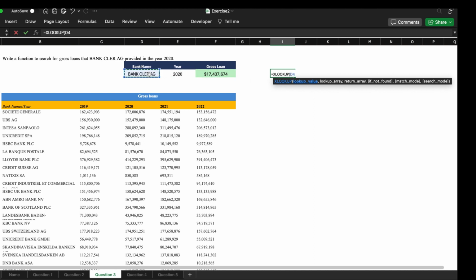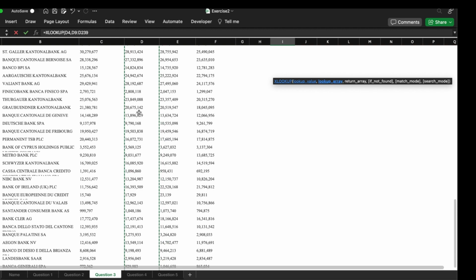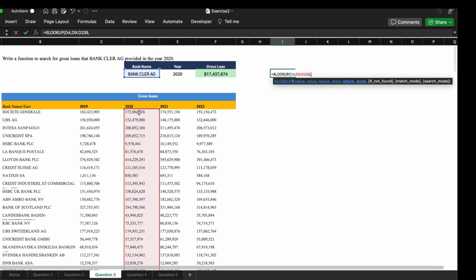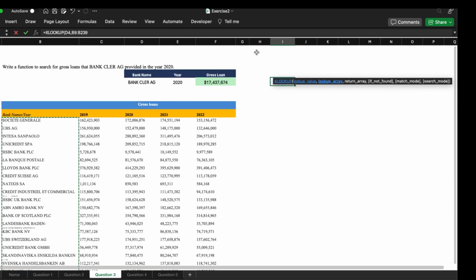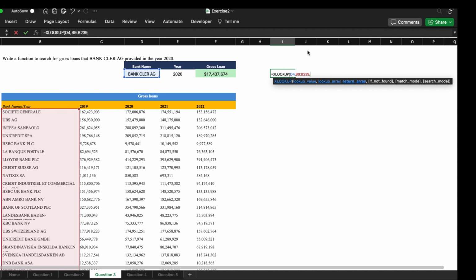Here we are interested in 2020, so we select the 2020 column. So I made a mistake. So I just corrected it and see. Yes, we're having the same values, so it means what we did here is right.